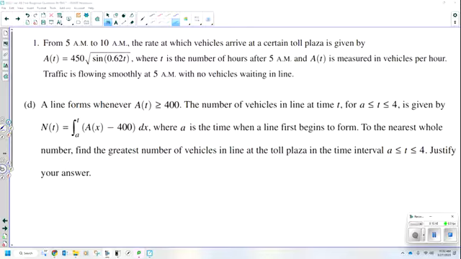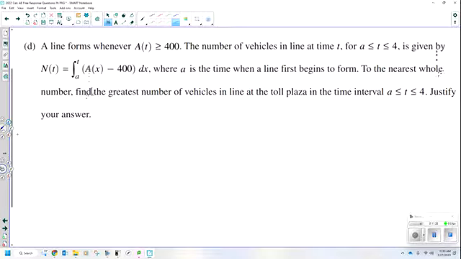The number of vehicles in line at time t for the values between a and 4 inclusive is given by n of t, which equals the integral from a to t of A of x minus 400 dx, where a is the time when the line first begins to form. To the nearest whole number, find the greatest number of vehicles in line at the toll plaza in the time interval from a to 4. Justify your answer. Wow, that was a lot of verbiage.